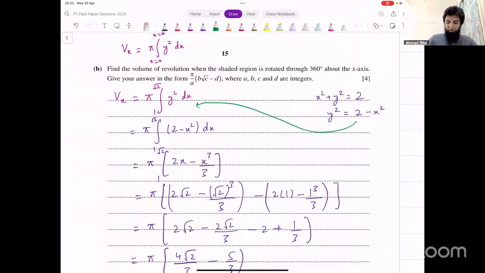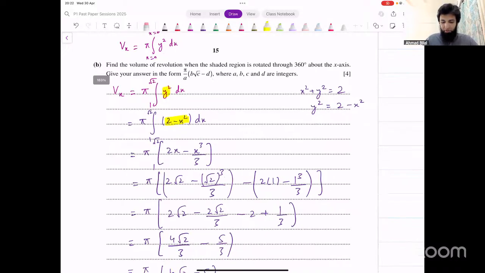Earlier, for some reason, I forgot to input that here, and I just integrated directly, which could not be done, of course. So that's why I changed my working, if that's what you're asking. So we replace y squared with 2 minus x squared here, and then we integrate that. Integrate that, input limits, simplify that, you get a result.